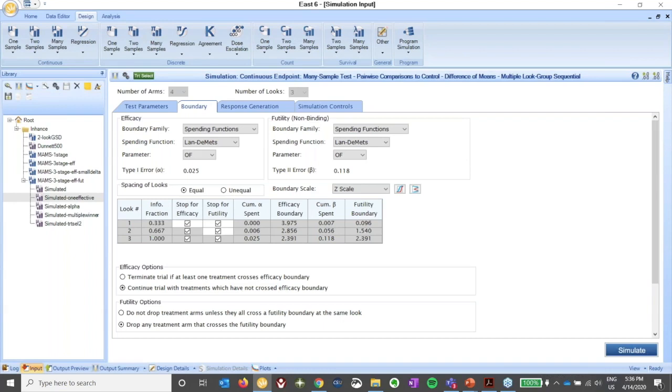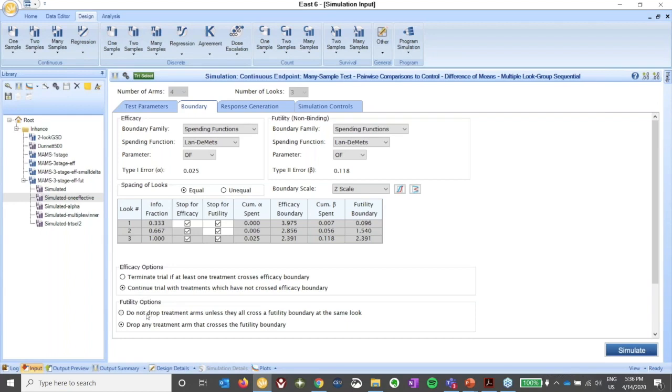Whenever one or more treatment arms crosses the efficacy boundary, the whole trial does not get stopped, although we stop enrolling patients into the arm that crossed that boundary, but the enrollment and follow-up continues to the rest of the treatment arms and the control arm as before. And then as soon as another one crosses the boundary, we stop recruiting for that. So we have the opportunity to simulate a multiple winner approach as well.